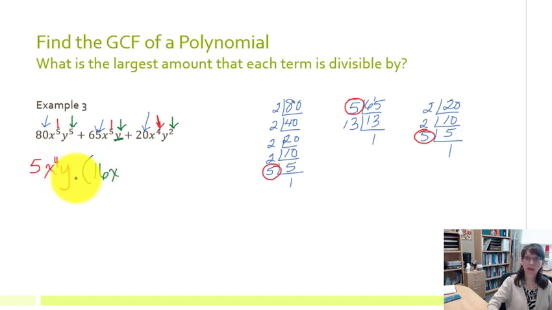Now compare bases of y. We have y to the power of 1. We need y to the power of 5. How do you get from 1 to 5? We're missing 4. So y to the 4th is needed.